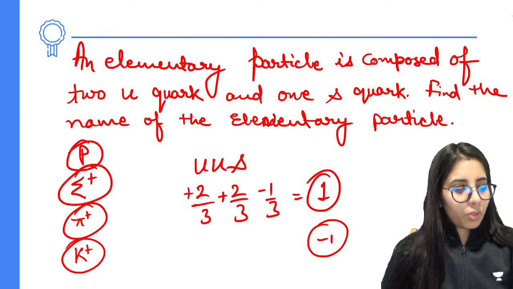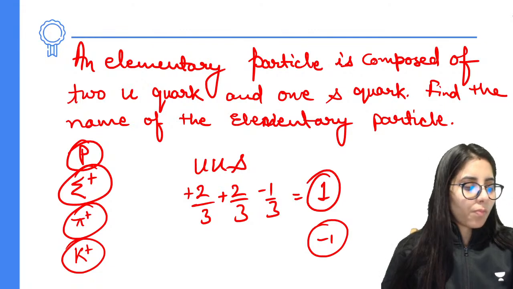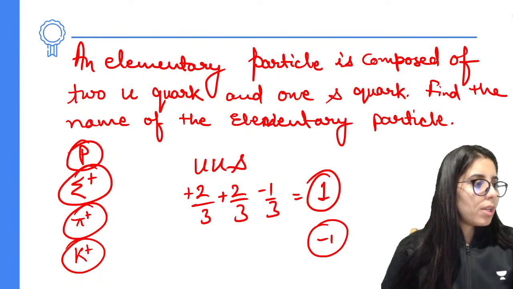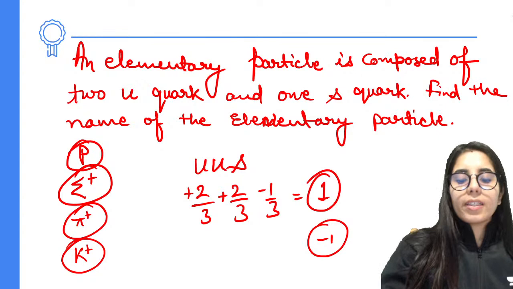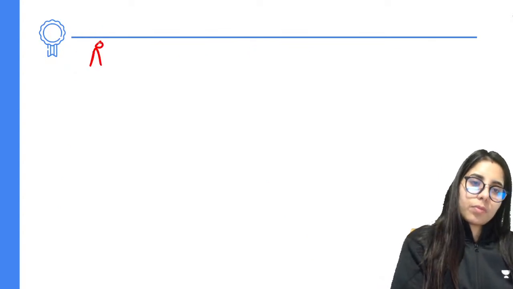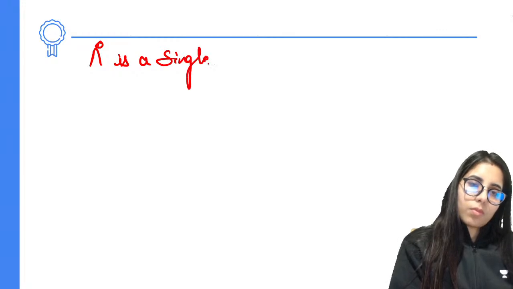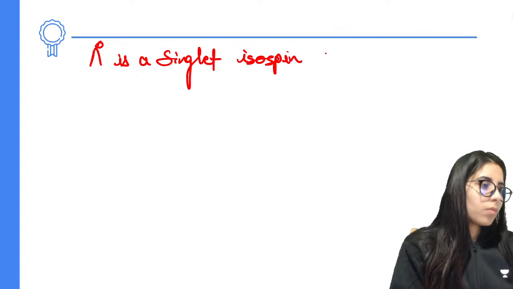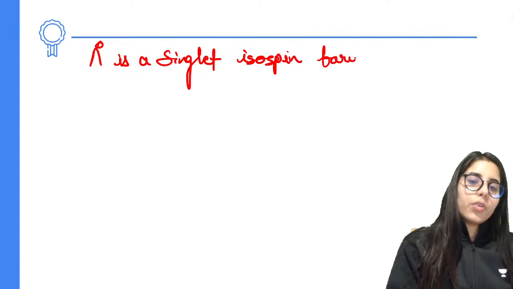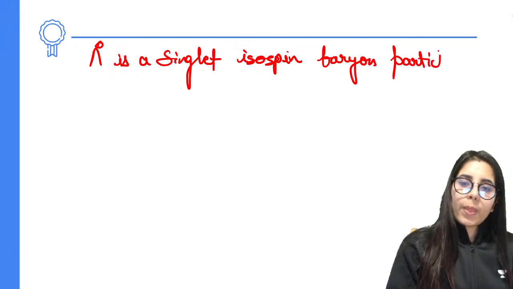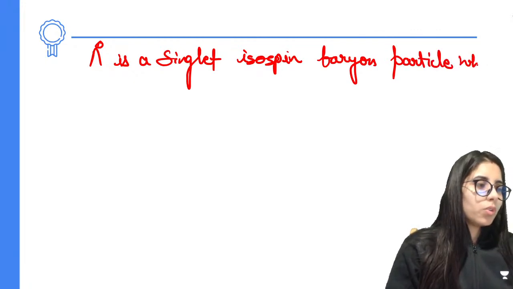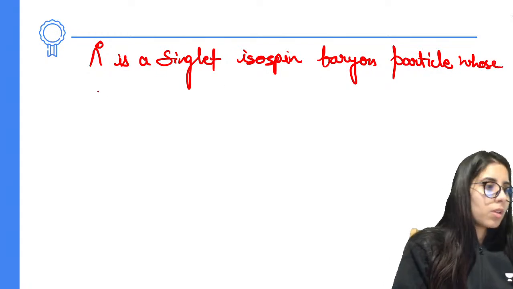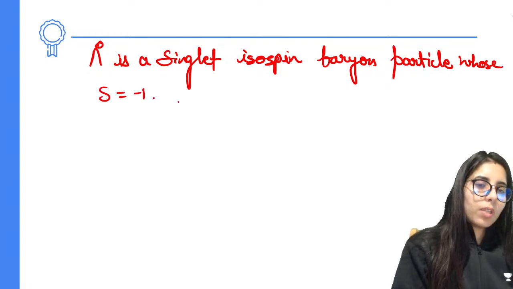Next one, again a nuclear question we are going to have. Let me just mention it. Lambda naught is a singlet isospin baryon particle whose strangeness number is minus 1.